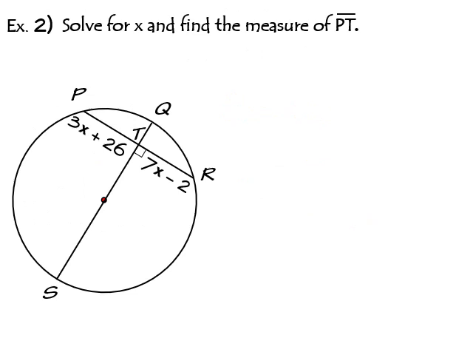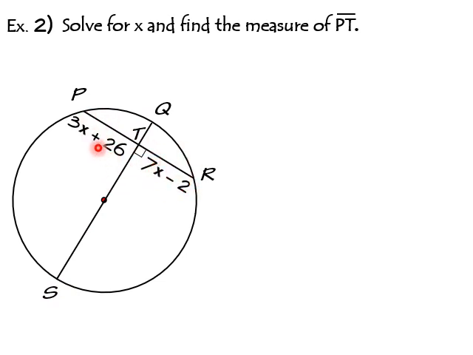Now let's apply the perpendicular chord bisector theorem to example 2. Example 2 says, solve for x and find the measure of PT. So first thing, let's take a look at our figure. And if you see, again, this diameter cuts this chord into two equal parts.